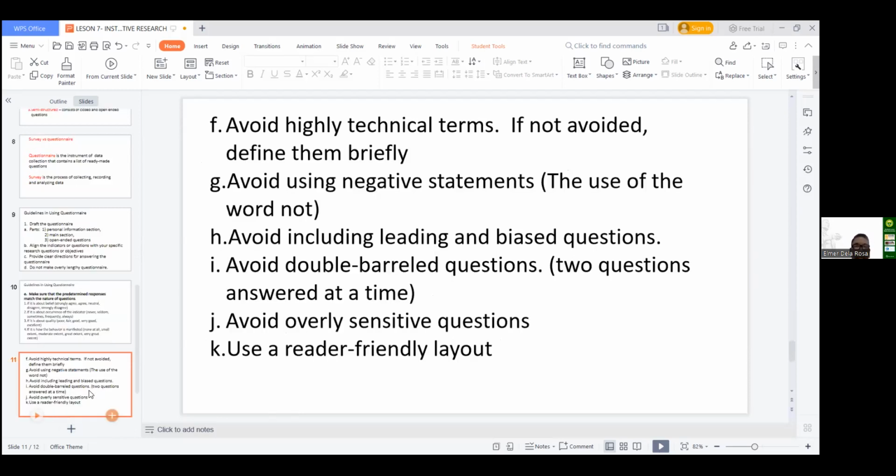Avoid highly technical terms. If there are technical terms that cannot be avoided, define them as brief as possible. Avoid using negative statements. Pag sinabing negative statements, the use of the word not. Sometimes, hindi nila ito napansin, o kaya yung double negatives becomes positive.